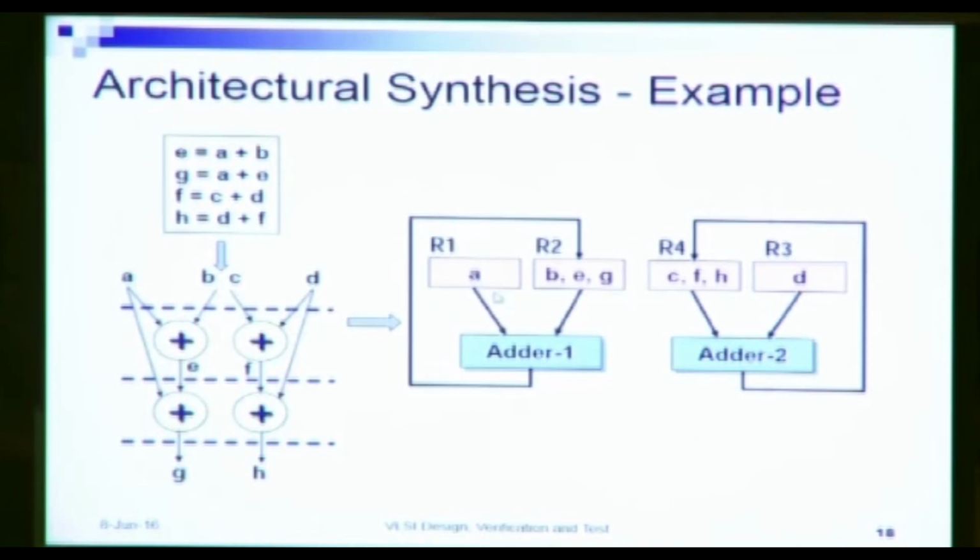So then obviously it will require lower area, just requiring 1 adder hardware unit. However, it will require 4 time steps to complete the whole operation, and hence it will be lower in performance. So here we also have an area versus delay trade-off.